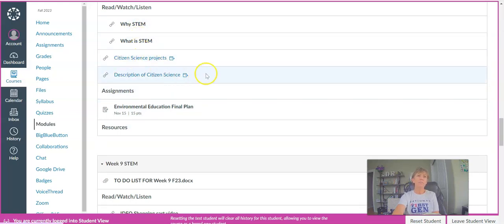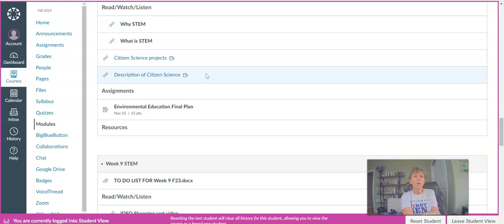And then the other thing is there was some information on citizen science, and the reason I added those was I usually cover this in class when we're doing our environmental lessons. There are really cool ways that you can get your students involved with actual scientists and scientist projects. The citizen science projects talk about how you can have your whole class join a large-scale science research project.